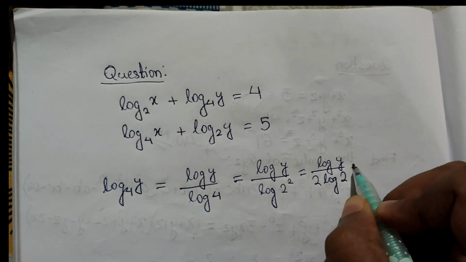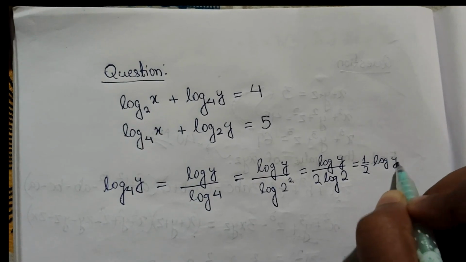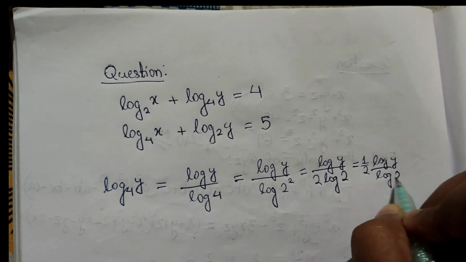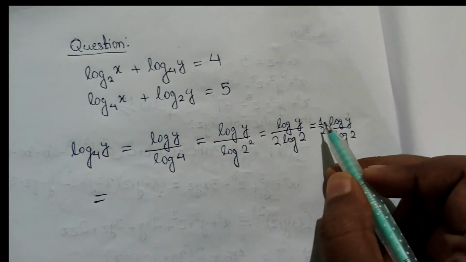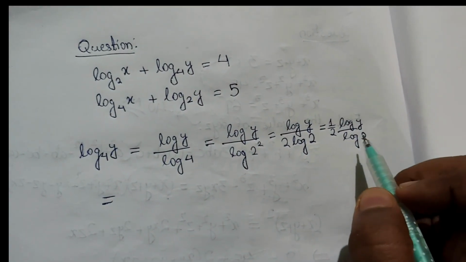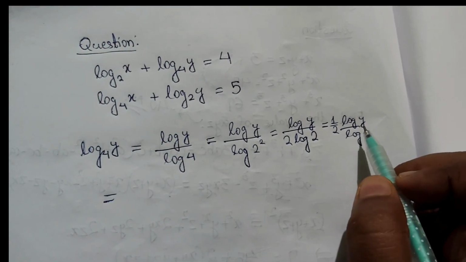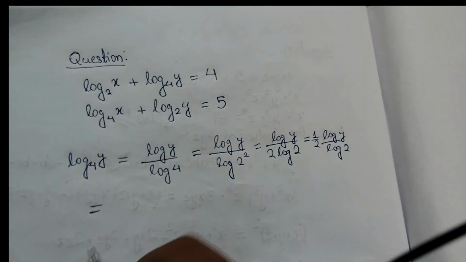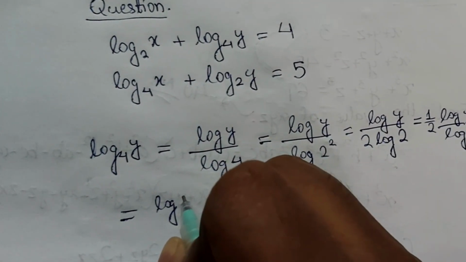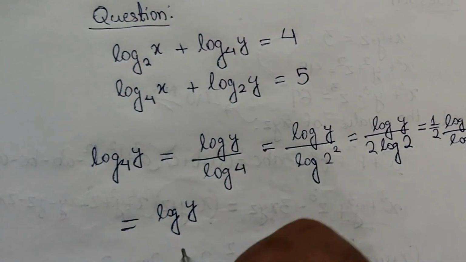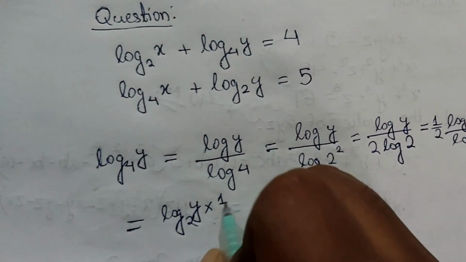Then now we can write it as half of log y by log 2, and again this term can be written back as log base 2 of y, and we have a half outside, so it becomes log y base 2 multiplied by half.